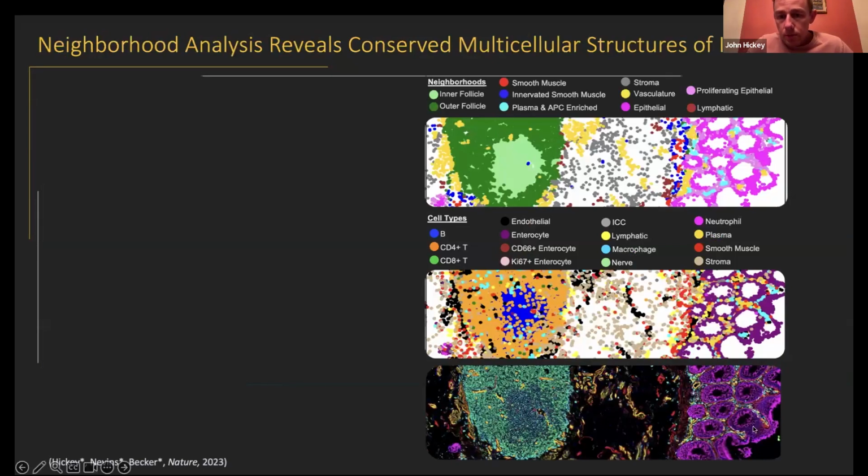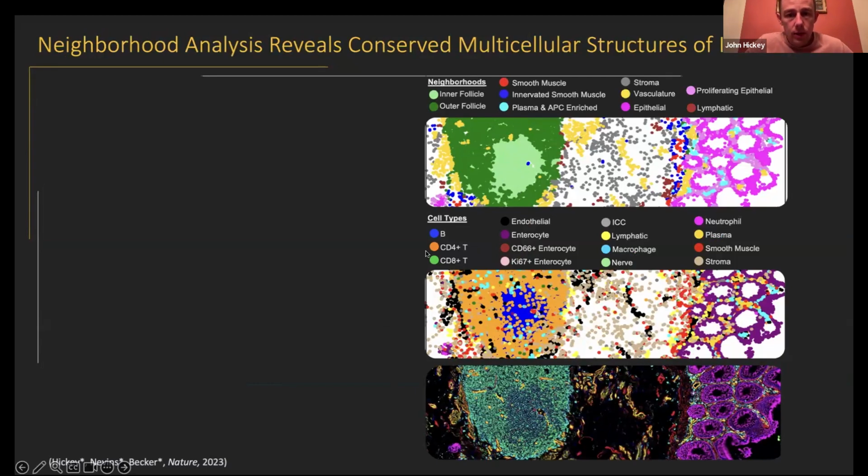For example, here is our Codex imaging data, this multiplex technology. Then we derive our cell types using these algorithms I talked about before. And if we do this neighborhood analysis and group different compositions, we can start to see these structures. Here's this inner and outer follicle, which is this immune region. We can see vasculature in yellow throughout the intestine.